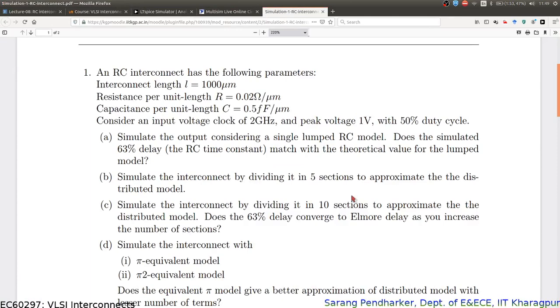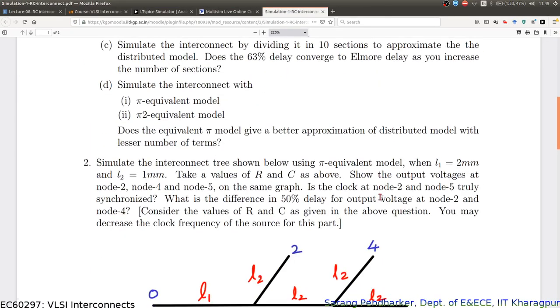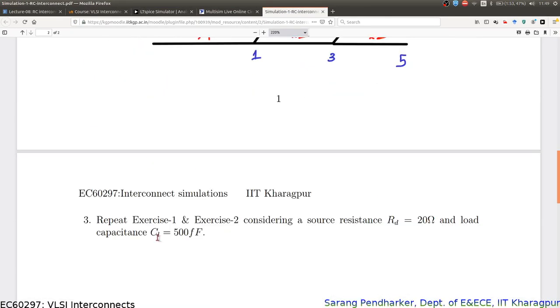For your assignment, I have given another problem. So you have to repeat exercise 1 and exercise 2 by considering a source resistance RD of 20 ohm and a load capacitance of 500 picofarad.